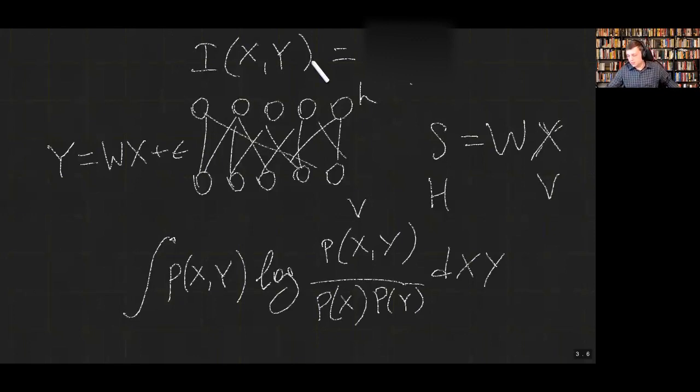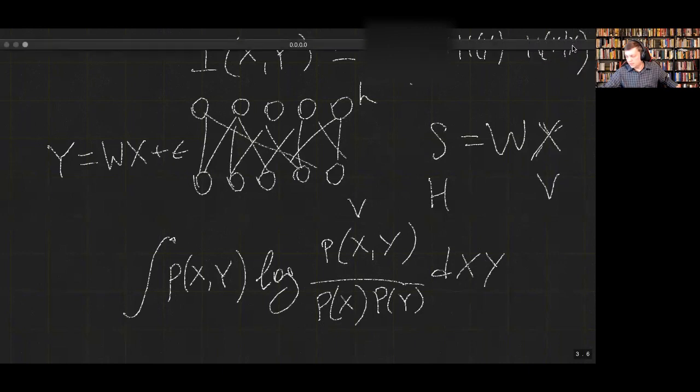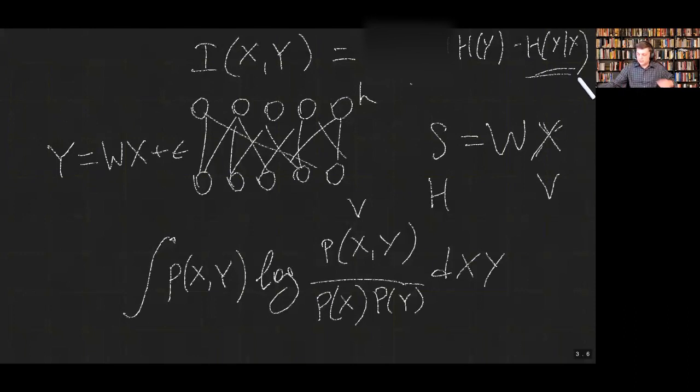So you can multiply the log through, and you can observe what happens. But basically, you have the entropy of x and the entropy of y minus the conditional entropy of y given x. Well, conditional actually. So this entropy does not depend on W.